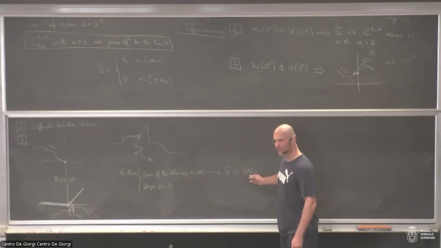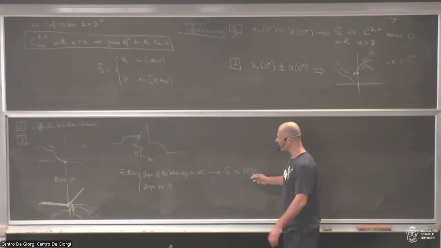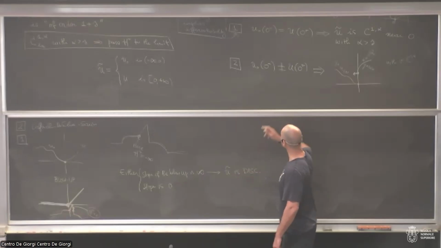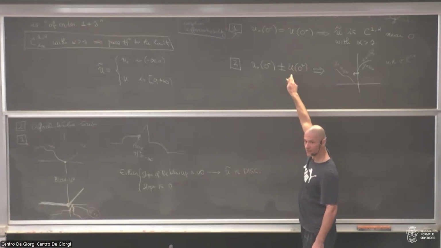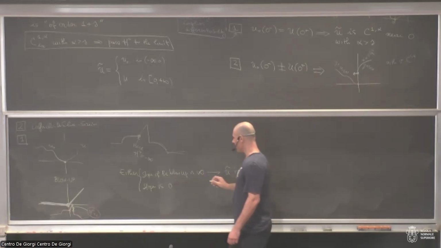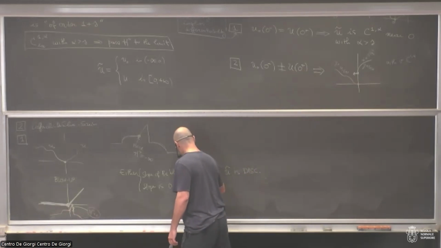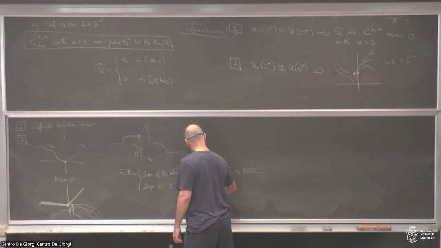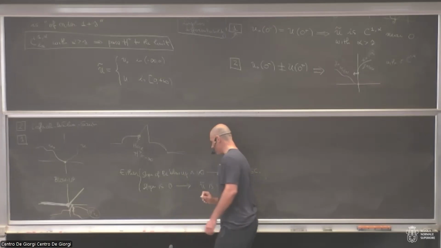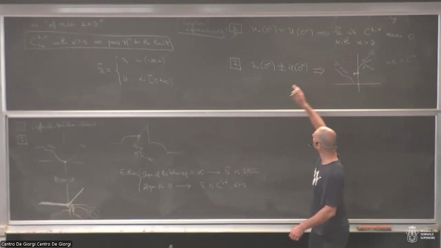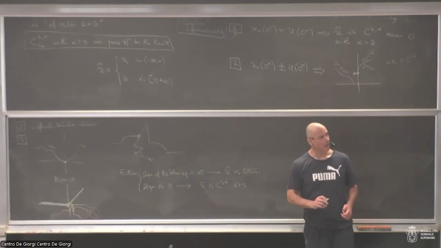So if you prove this, then you are happy, because you reach a contradiction with the original assumption that you had continuity at the origin. And you prove that the slope is 0, U tilde is actually C1 alpha with alpha larger than S. This would prove point 1.